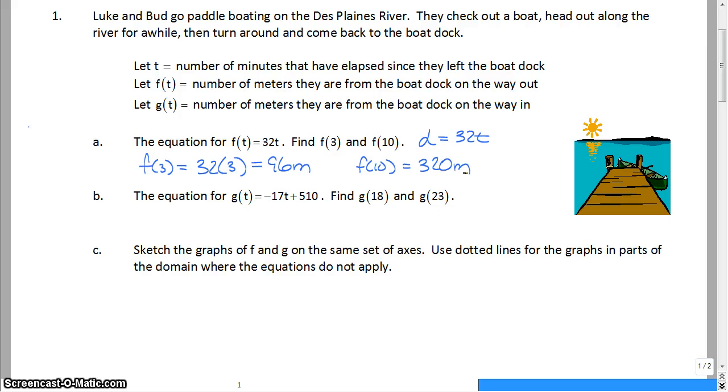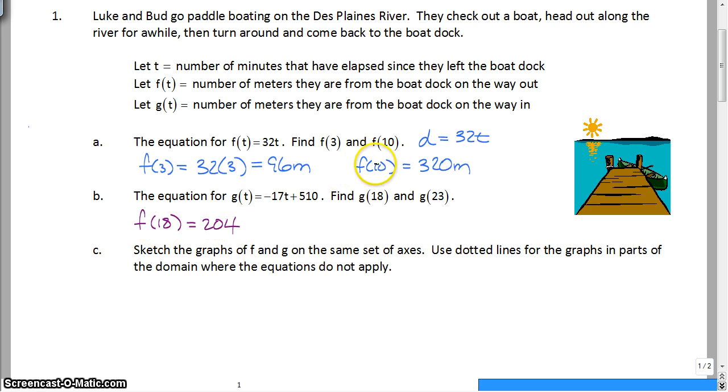As you can see, they're getting bigger as time goes on, but we're going to end up coming closer because G of t represents the distance as we are coming back in. So if we substitute and find G of 18 into our equation negative 17t plus 510, we end up with 204.